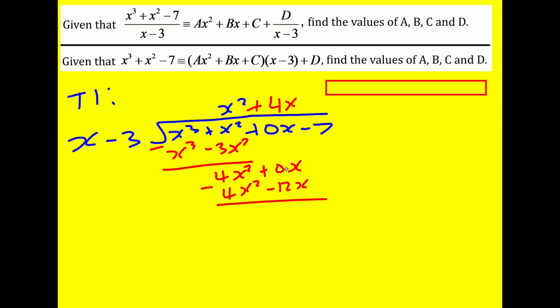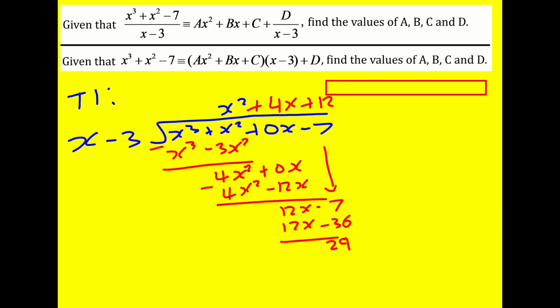That's why it's important to have this 0x, I just think it's a bit less likely to make mistakes. Bring the 7 down, plus 12, 12x minus 36, and that's going to give us 29. So what does that mean?